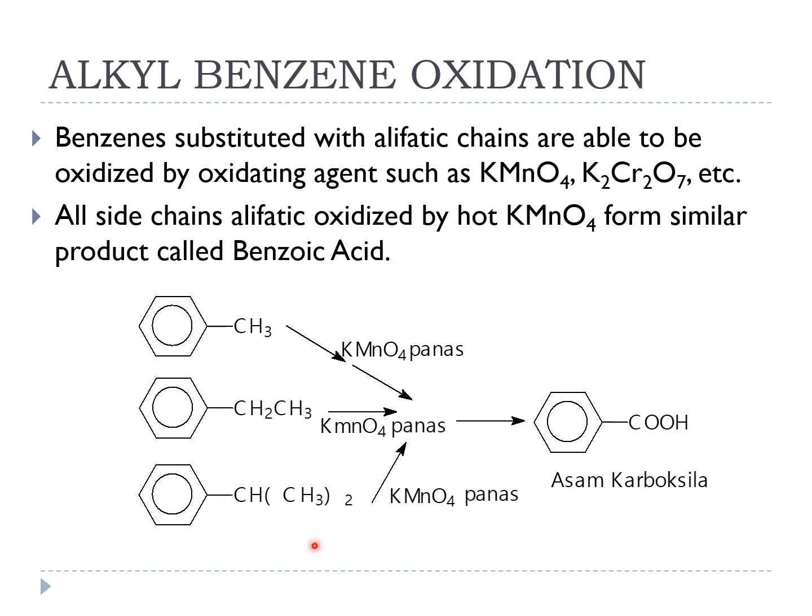So, all the alkyl benzene oxidation with potassium permanganate will produce benzoic acid. All the side chains of aliphatic compounds oxidized by hot potassium permanganate will produce a benzoic acid.